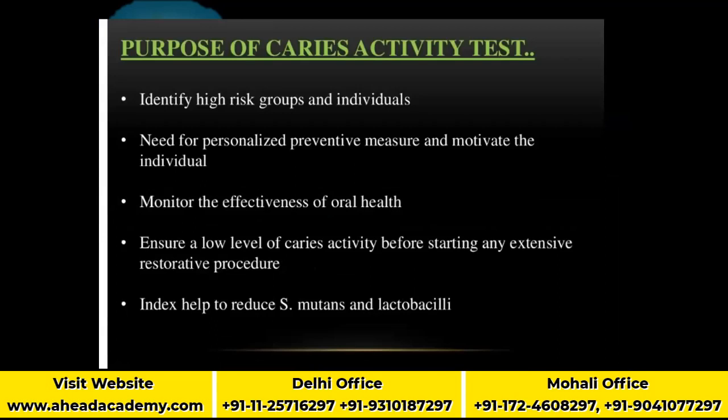It helps us decide personalized preventive measure plans, monitor the effectiveness of oral health measures, and ensure a low level of caries activity. This test aims at reducing the load of Streptococcus mutans and Lactobacillus.